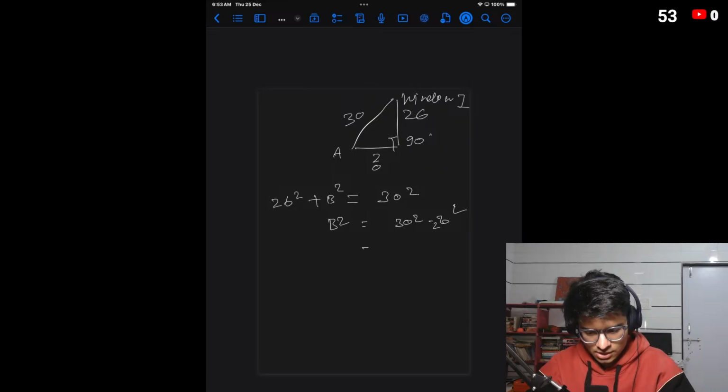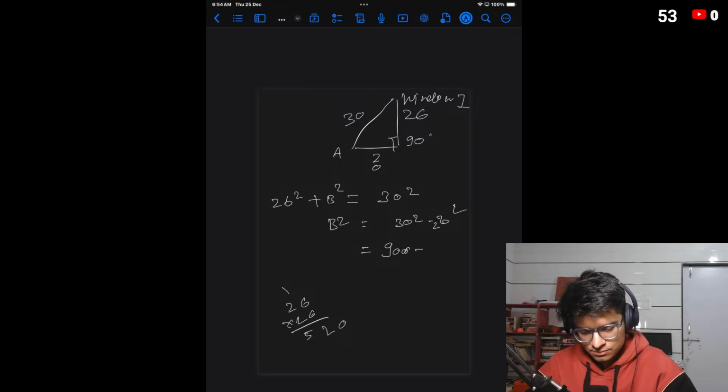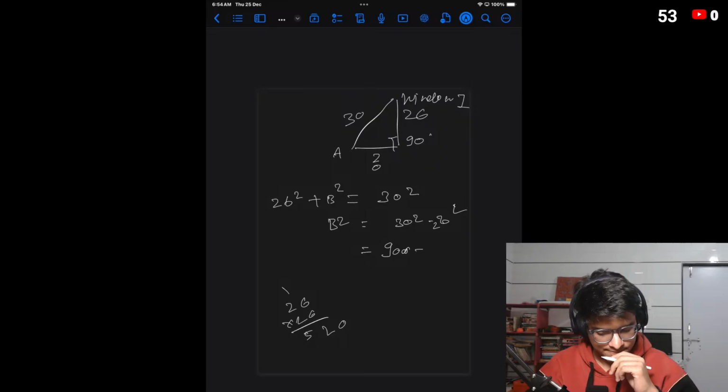Okay, if I subtract 900 minus 26 square, it will be 676 or something. I think it will be 12. Wait, did I calculate this correctly?